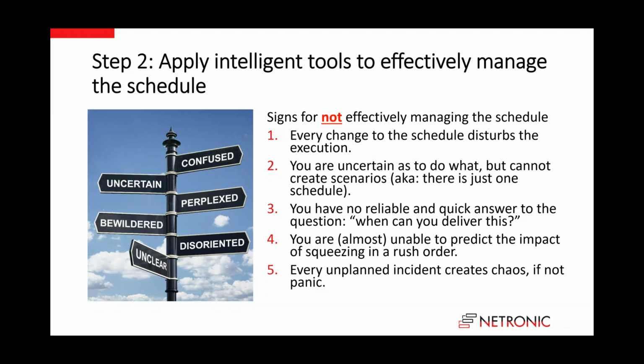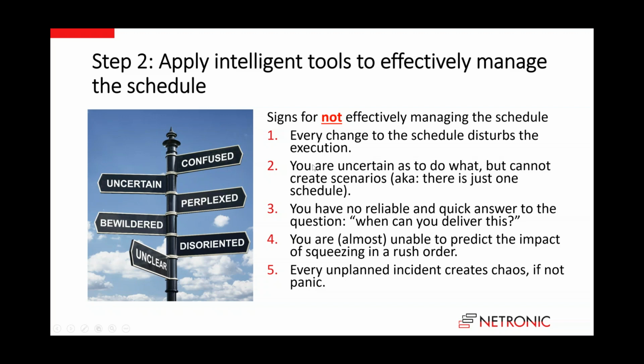When you hear them talk, and you get the impression that they do frequent changes to the schedule, and whenever they change the schedule this boils down into execution and they start to change things. If they have very unstable execution because the schedule always changes, then this is definitely a sign that they are not effectively managing the schedule.